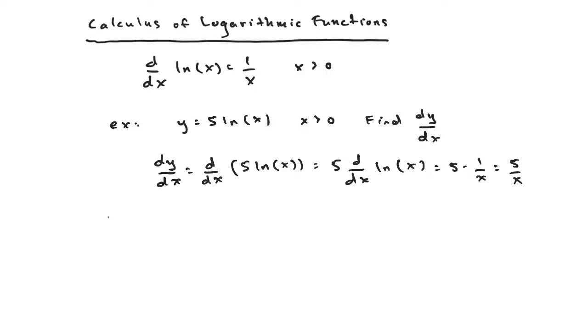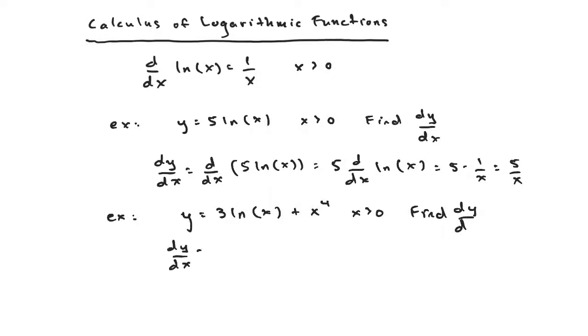We could also combine this with the sum difference rule and say something like y is equal to 3 times the natural log of x plus x to the 4th. Again, this is for x greater than 0, and we want to find dy dx. So dy dx is d dx of 3 times the natural log of x plus x to the 4th.